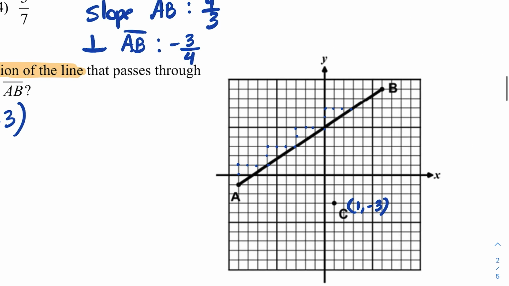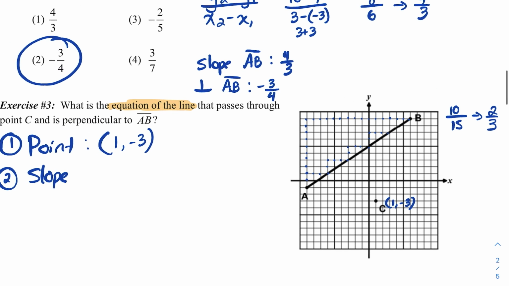If you were unsure of that, you can do the slope formula, or you can count from A to B. Up 10 over 15, which reduces to 2/3. So the slope is 2/3.